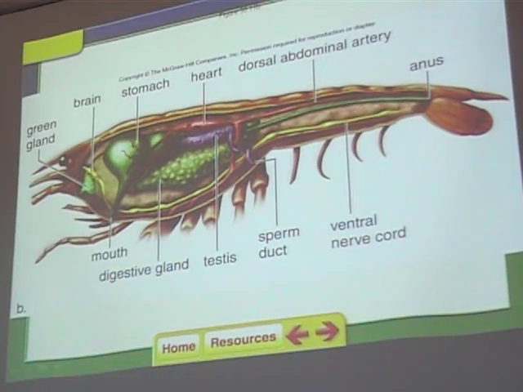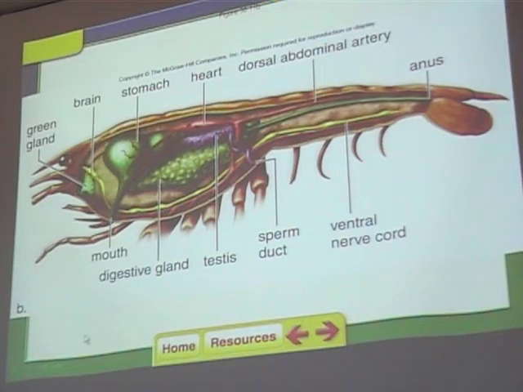It takes the food into the stomach, and then the digestive gland releases compounds that break it down, and the waste passes out the anus back here. There's the testis, and the sperm come out through the sperm duct there. There's the heart, and a big dorsal artery going down the back. There's a ventral artery going down the bottom.